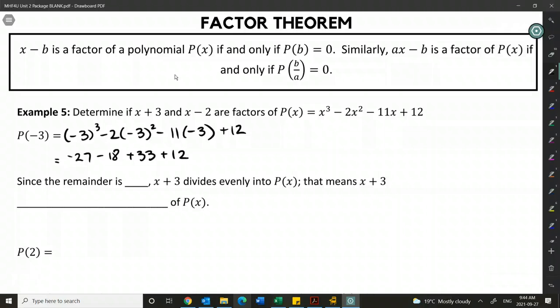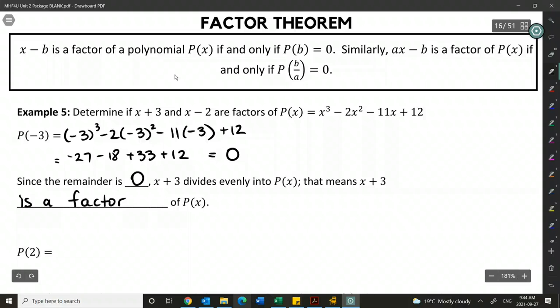What does this give us? I believe it does give us 0, because this is 45, and this is also 45. Okay, so since the remainder is 0, x plus 3 divides evenly into the polynomial. That means x plus 3 is a factor of the polynomial p at x.